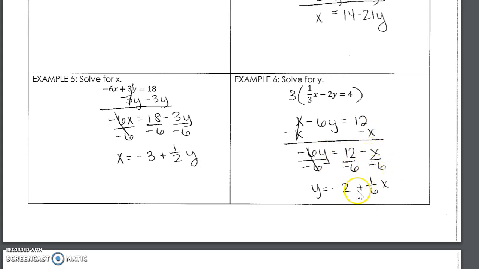Two negatives make a positive, and there's a 1 in front of that x, so that's where that 1/6 x is coming from. So again, they multiplied by 3 to get rid of the fraction. You can see that happening. You divide both pieces by that number in order to get to that final answer.